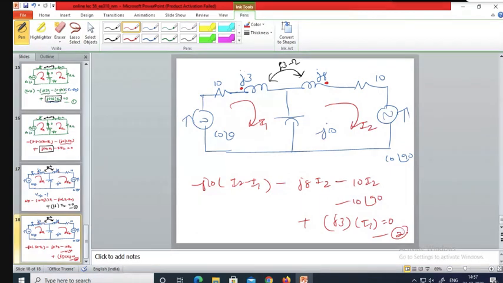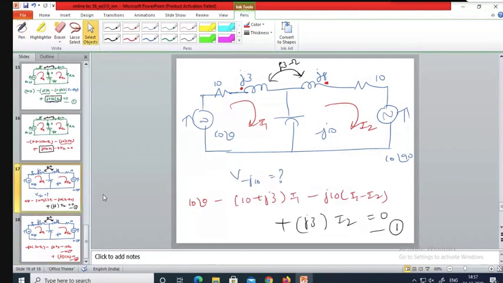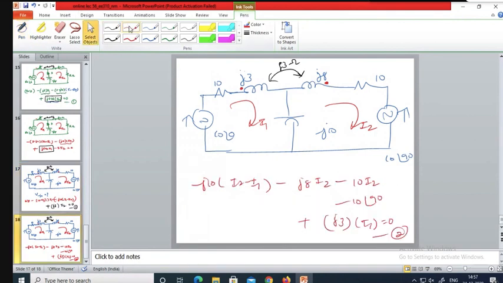Yeah, minus J10. Okay, that means in the equation it should be minus of minus. Correct, correct. It is minus of minus. Perfect. Because it's a drop, no? So it is minus of minus. Clear? Is it clear now?